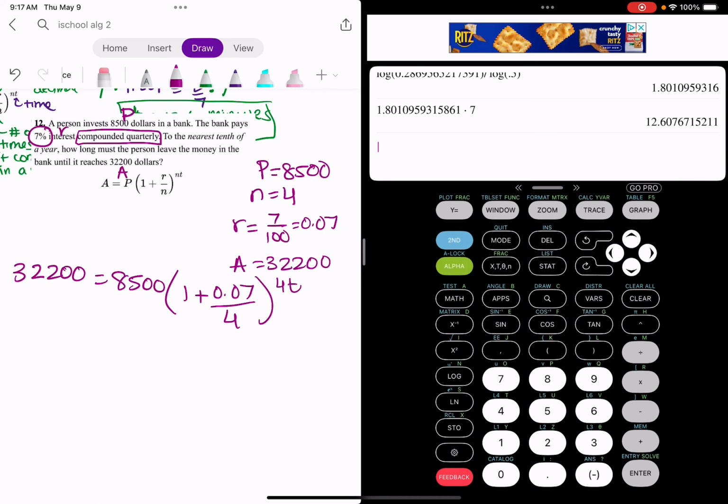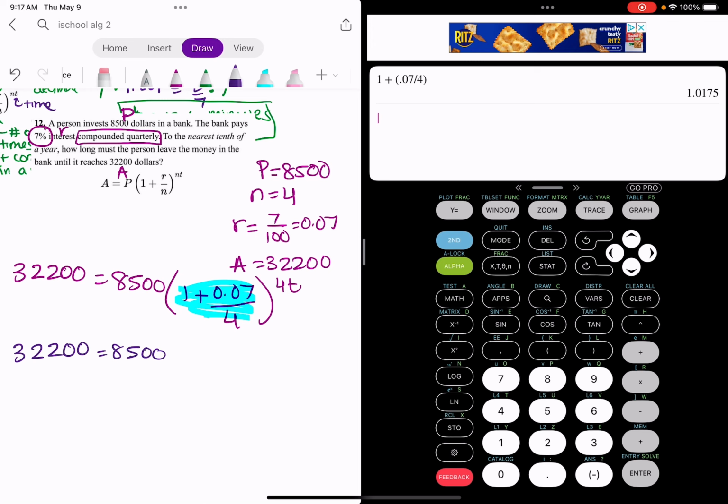Okay, so first things first, just to make my life easier, I'm going to simplify this. So I'm going to do 1 plus 0.07, oops. Okay, 1 plus 0.07 divided by 4. That's going to give me that, so I'm going to rewrite it. So I have 32,200 equals 8,500, 1.0175 to the power of 4t.